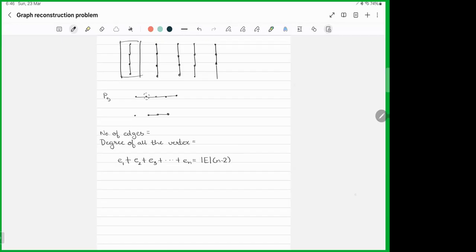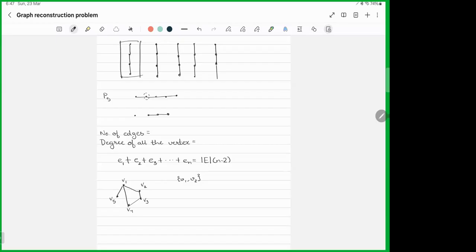So if I look at a graph, let's say this graph G, and pick any edge, say V1V2, then this edge will be there in every card except 2.